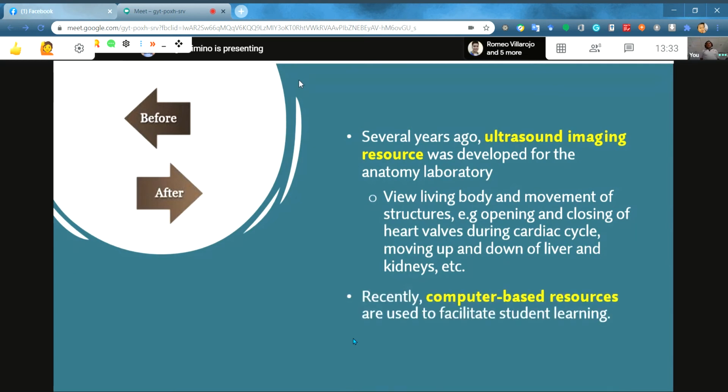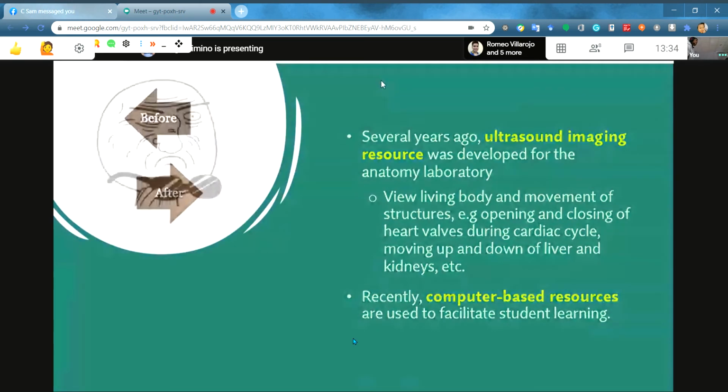So recently, computer-based resources are used to facilitate student learning. For example, if we want to learn how muscles move or what exercises are involved, this can be accessed through the internet, where there are resources on these topics.